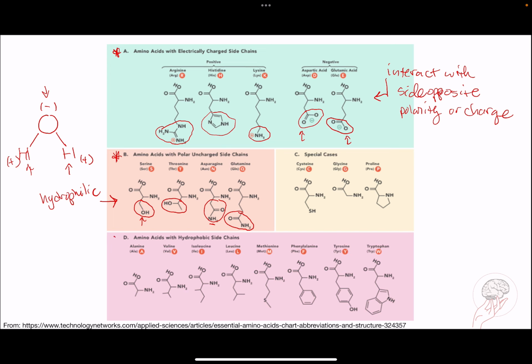We also have amino acids that have hydrophobic side chains. So things that are hydrophobic, think fats. What does a fat look like? Well, it has a glycerol backbone, but then it has a tail made up of carbons and hydrogens. This part is hydrophobic.